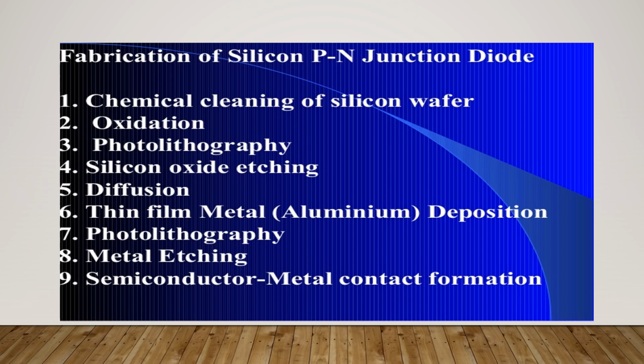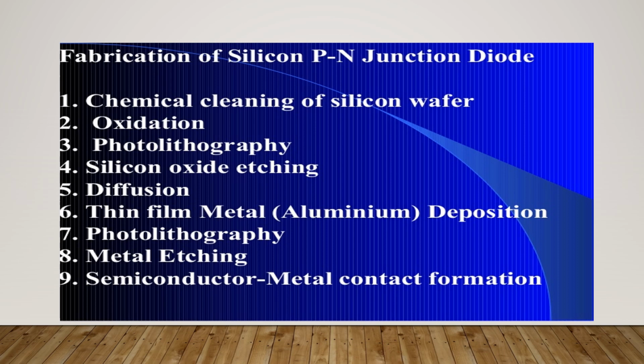Then you will put it in a beaker with isopropanol, and then you will do the ultrasonic cleaning of this PN junction wafer. Then you will do the oxidation process, that is, a silicon dioxide layer will be deposited on top of the wafer.